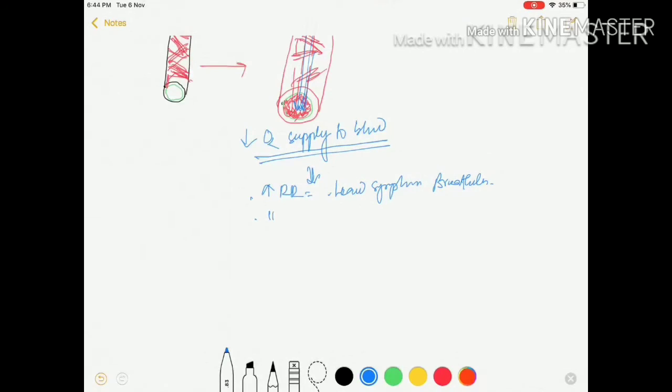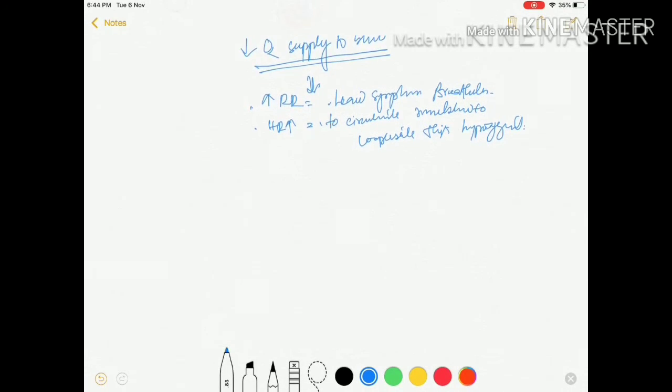It also increases the heart rate to circulate more blood to compensate for this hypooxygenation.